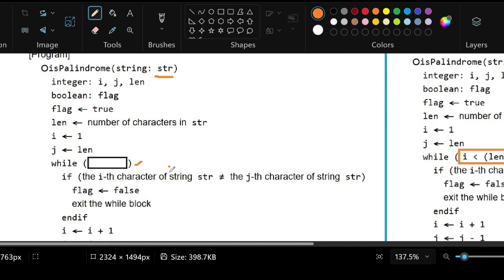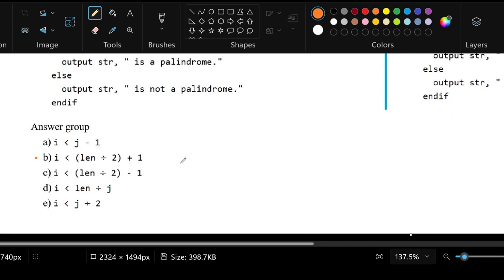Although, based on the description, if we carefully read the explanation, it shouldn't be too ambiguous or too difficult to understand. And then, if we look at the answer group, the correct answer is letter B.